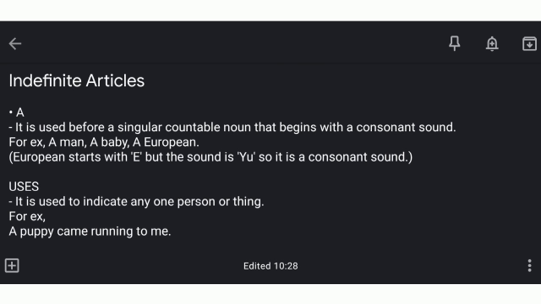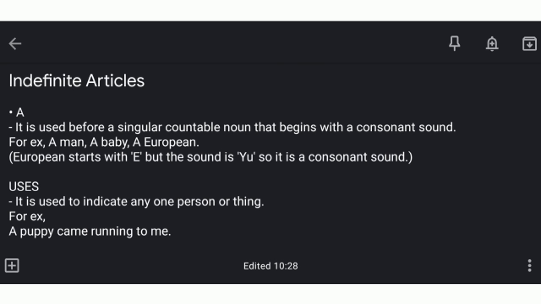So if a word starts with a consonant letter or a consonant sound, we use a before it. For example, a man. Man starts with M, it is a consonant sound, so we write a before it. A baby. Baby starts with B and it is not a vowel, it's a consonant, so we write a before it. A European. Now you will say, ma'am, European starts with E and E is a vowel, so how do we count it as a consonant?